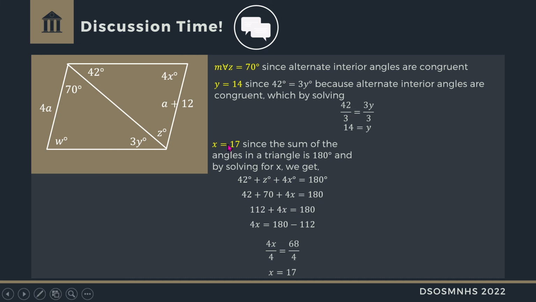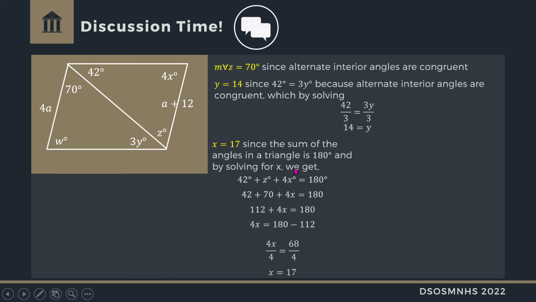X is 17. Dili siya degrees ha. X is only 17. Same with y. Diyo siya sa pagkuha, since the sum of the angles in a triangle is 180 degrees. Akong sulti ganina na tungod sa diagonal, na-create siya duha ka congruent triangles, one on the upper right and one on the lower left of the parallelogram.